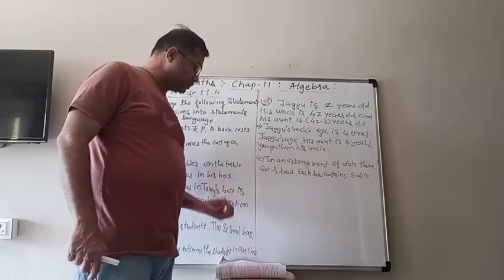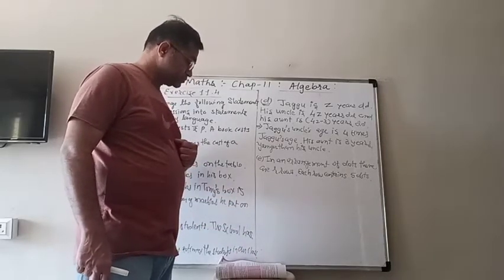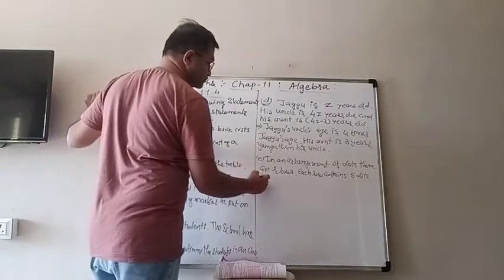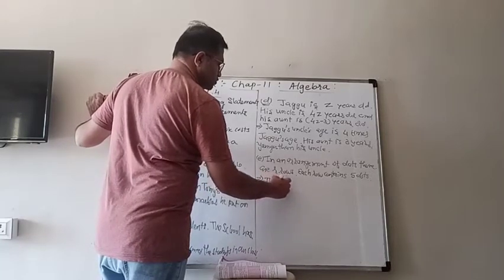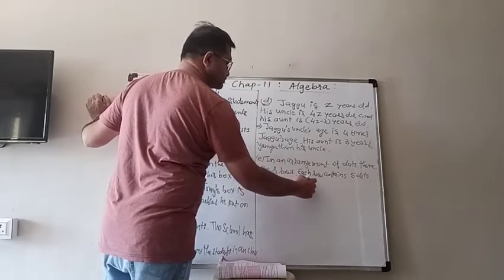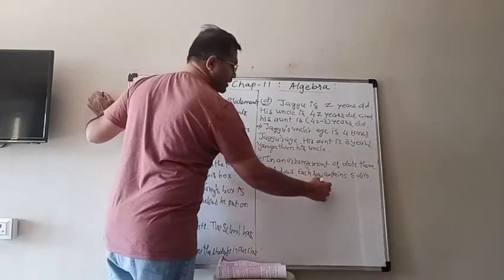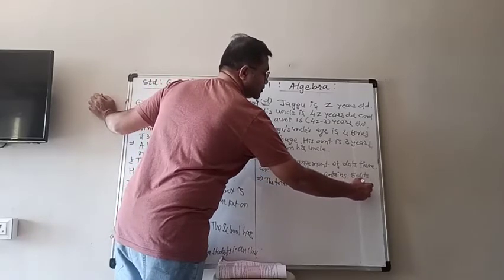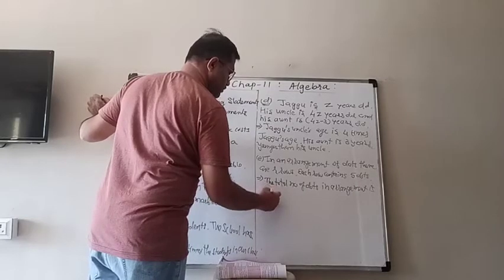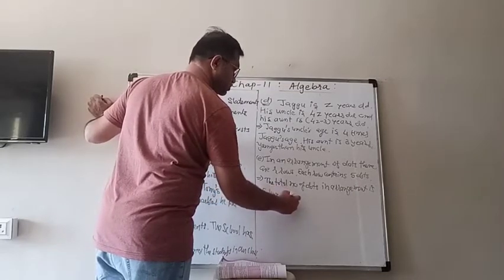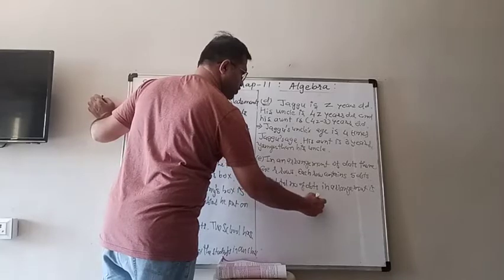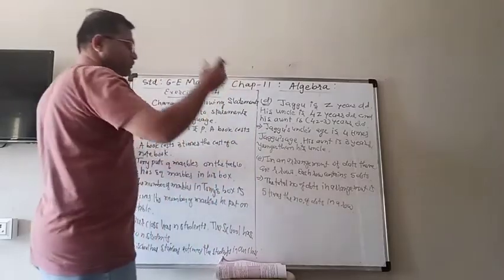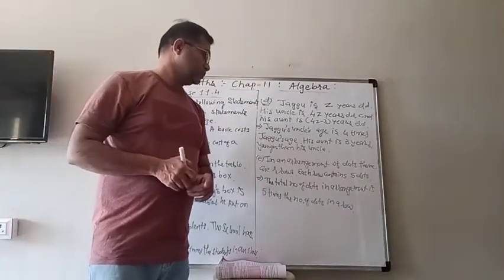So you can write the total number of dots is 5 times the number of rows. So the total number of dots in the arrangement is 5 times the number of dots in a row, because in one row there are 5 dots.